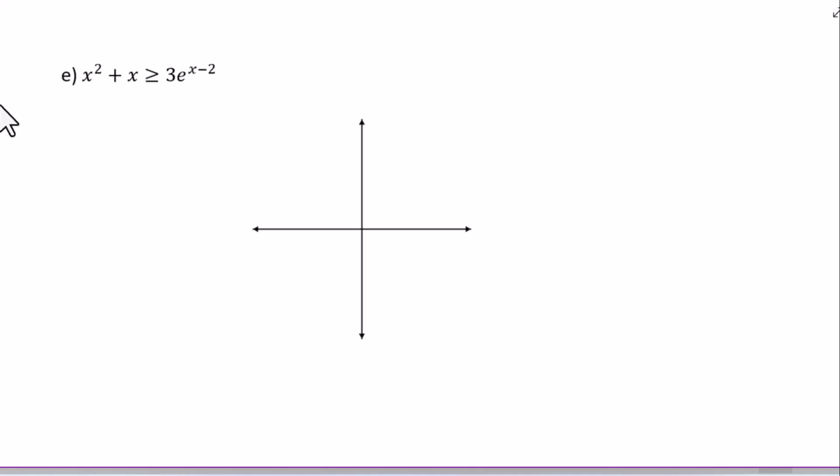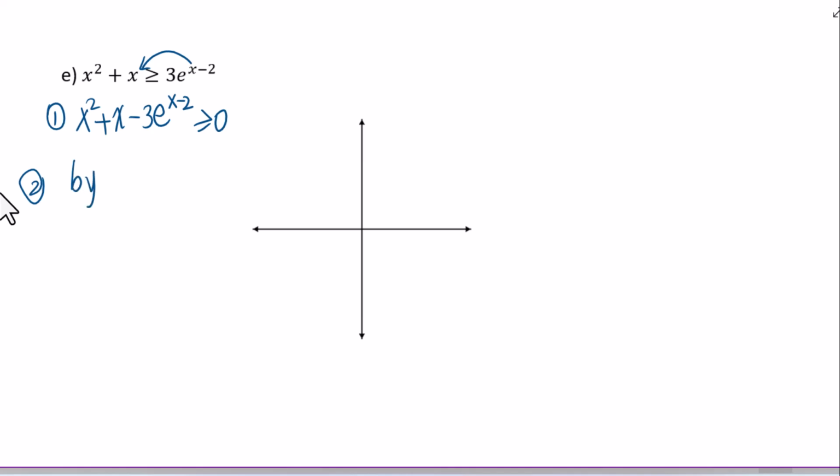Now let's go to E. First step, move everything from right side to the left side. x squared plus x minus 3 e to the x minus 2 power greater than or equal to 0. Second step, since this is not a polynomial function, we cannot use polyroots.